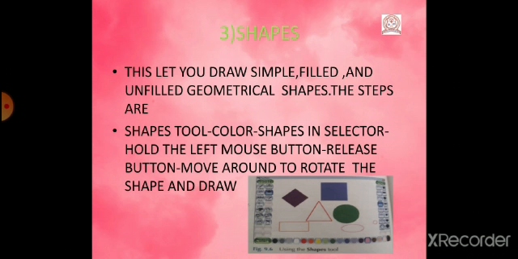Now click to select the center and to start from the center of the shape. Click and hold the left mouse button and drag it to increase to the size you desire.